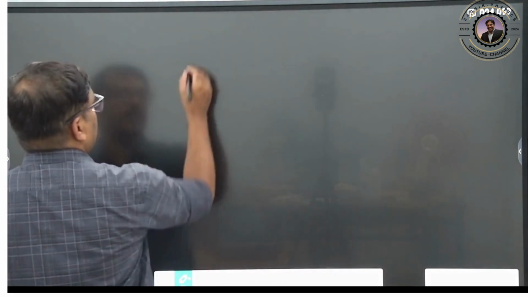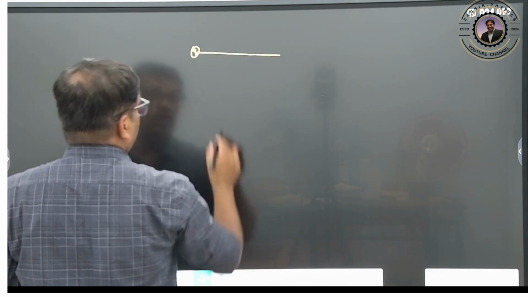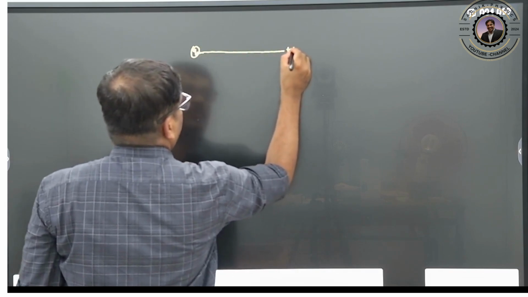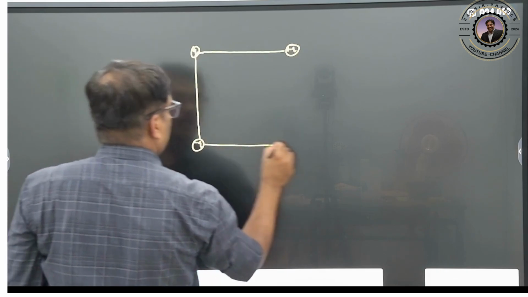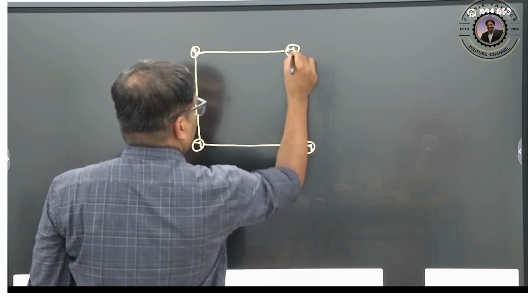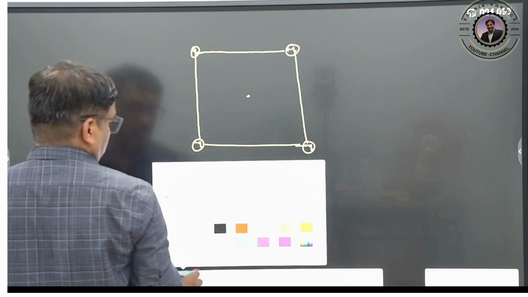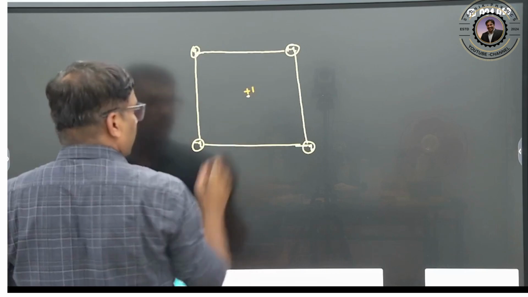Suppose similarly there are some charges. This is plus Q, and this is also plus Q. This is minus Q and this is also minus Q. We want to calculate the electric field at the center. At the center we have to consider plus 1 Coulomb.